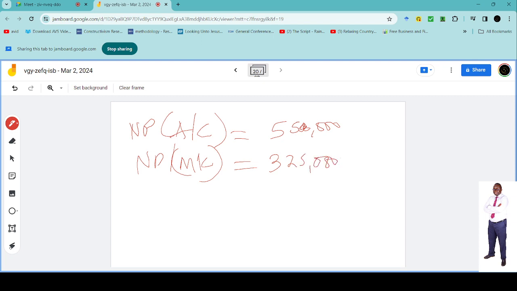Of course, you'll realize that there's a difference between the two, and if you were to subtract that particular difference, you get 225,000 shillings. And this is how we reconcile between marginal costing and absorption costing as we come to the end.